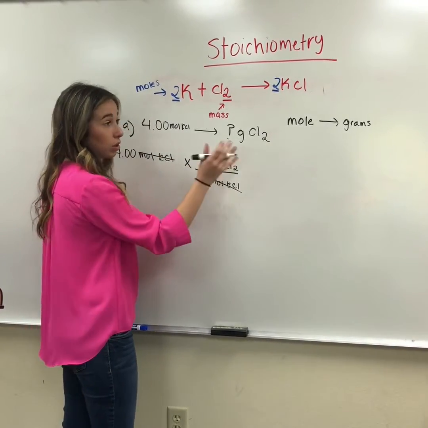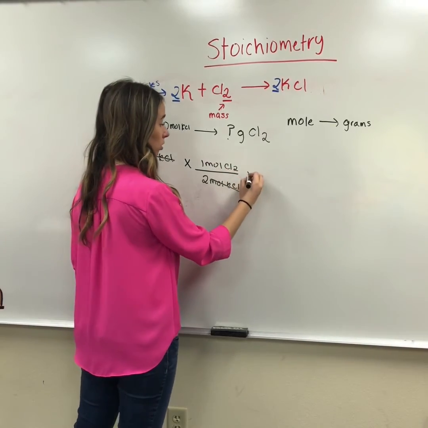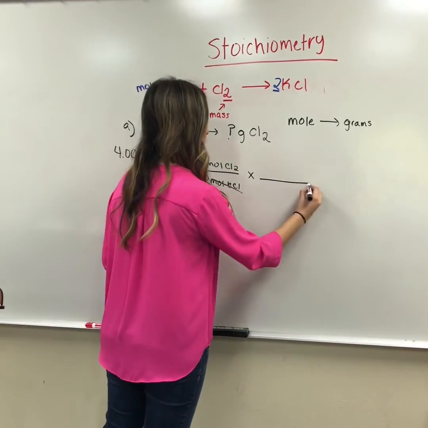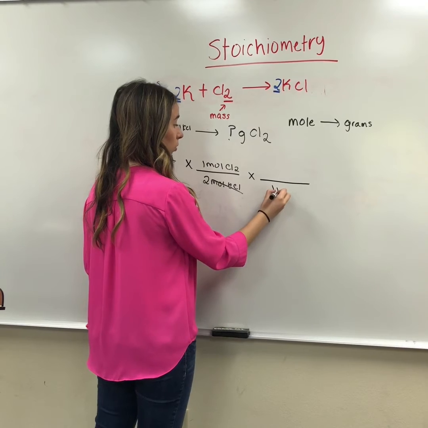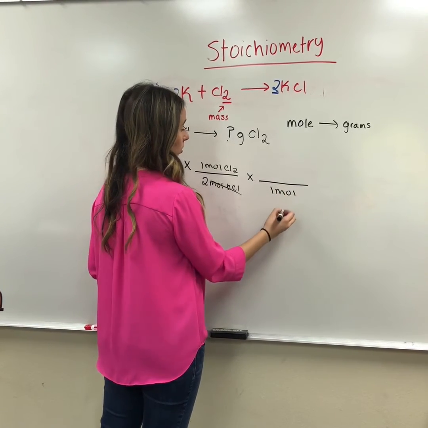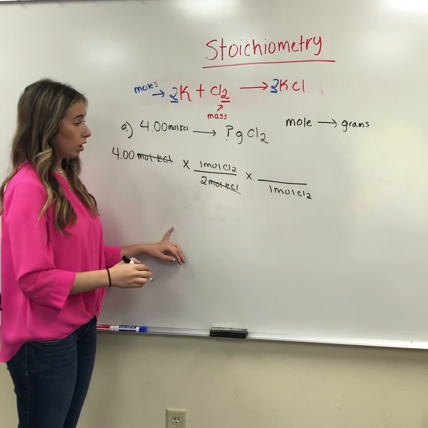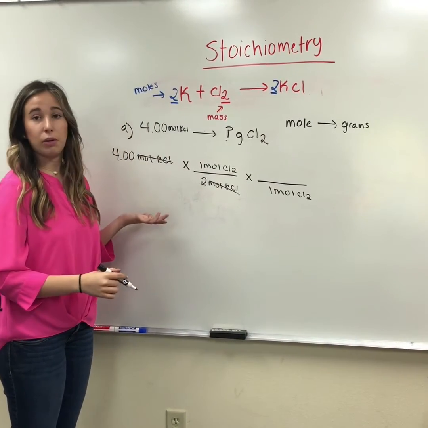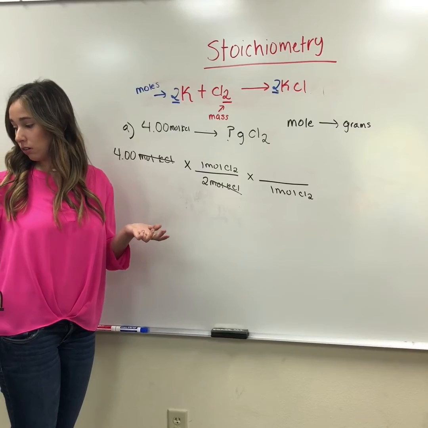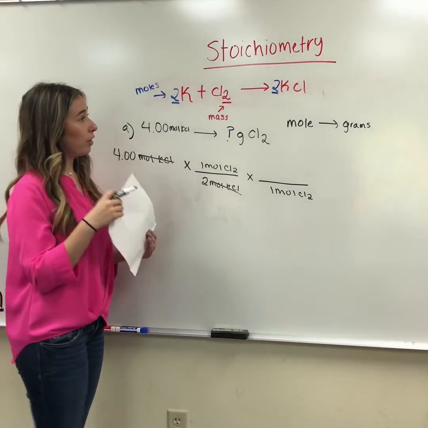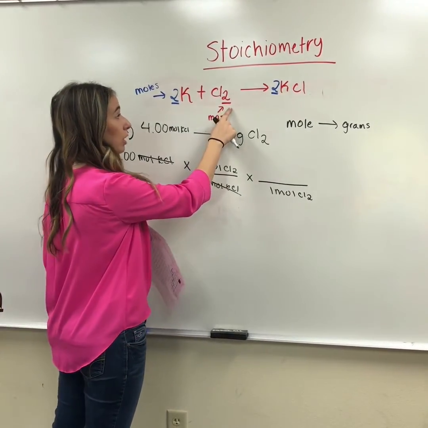Now I still need to go to grams. I'm not at grams, I'm still at moles. So then for every 1 mole of Cl2, I have to look at my periodic table to see how many chlorines are there. And don't forget the number behind it tells us how many we have.